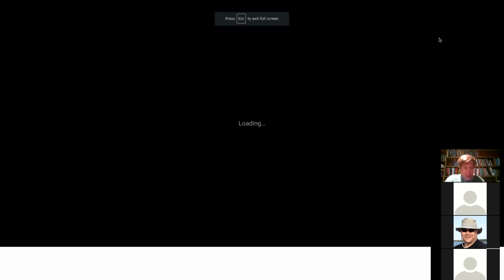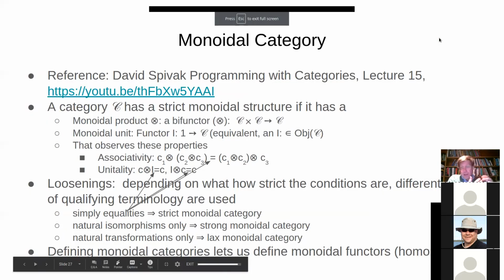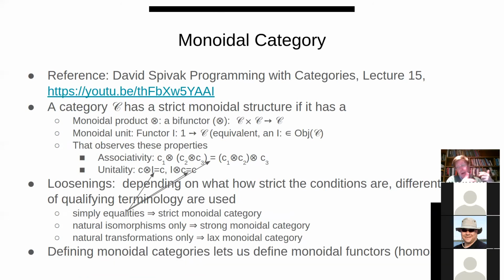So for a category to have a monoidal structure, it has to be equipped with or accompanied by a bifunctor, which takes pairs of objects in that category and maps it to a resulting object that is the result of their monoidal combination. So it's combining objects to yield another object.